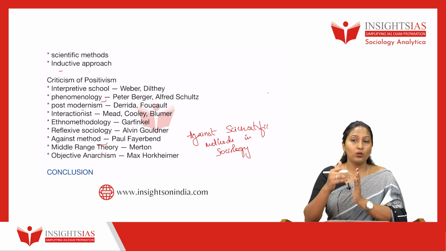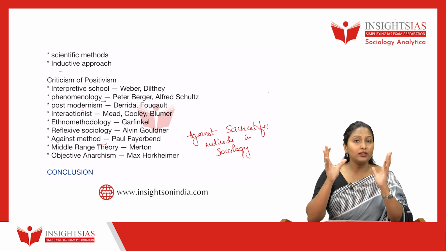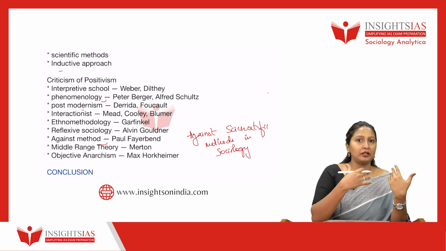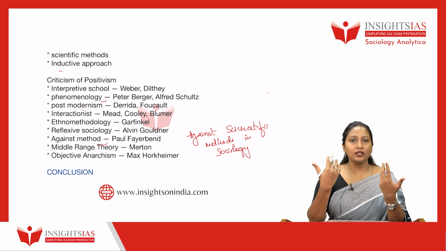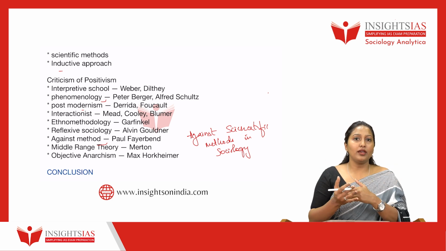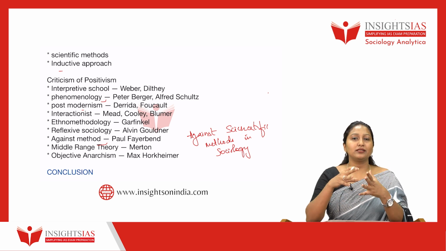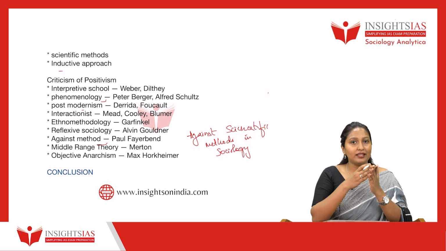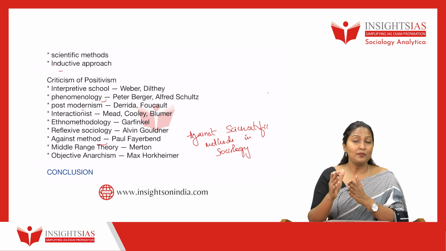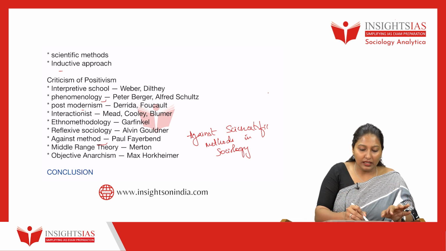Whatever one theory, it will be applicable in natural science. But human society consists of human beings from different perspectives, different backgrounds, different races, ethnic groups, etc. You cannot have one single theory. But science always tries to put one single theory for a particular incident. So he says we should not use the scientific method in order to understand sociology. Understand? So this is nothing but Against Method.